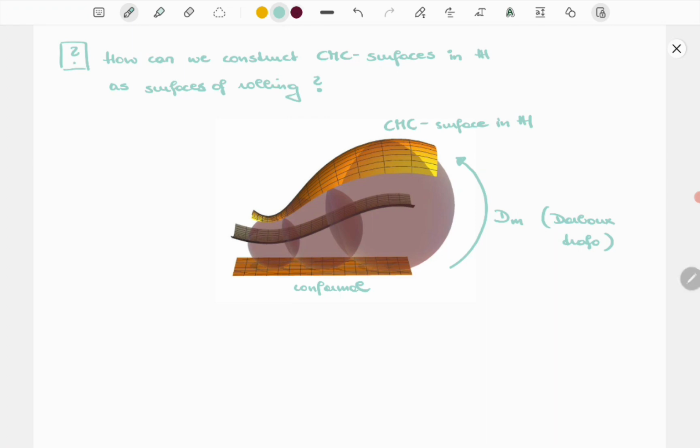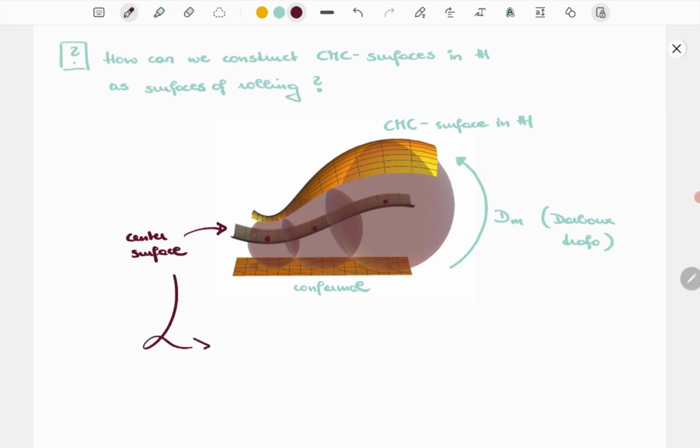And the idea for our rolling construction is now we look at the center surface of the common sphere congruence. So the centers of these spheres give of course a surface, which we call center surface.